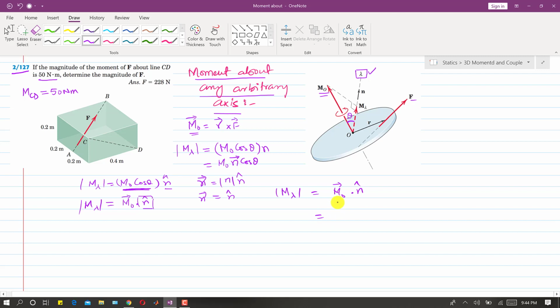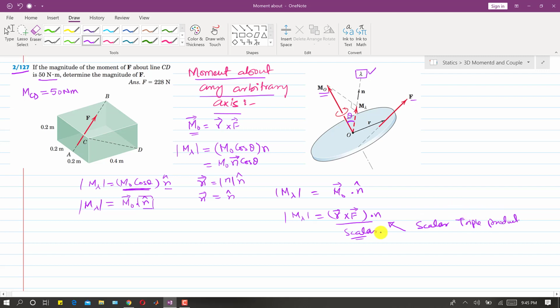So this is R cross F, dot n, and this is the magnitude. Remember, the dot product always gives us a scalar. This is known as the scalar triple product.